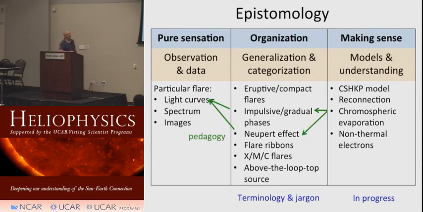It's much easier pedagogically to start with a framework, to start with how you understand something, and work your way to, oh, according to this framework, that's why there's an impulse, if there's chromospheric evaporation, that's why there's an impulsive and a gradual phase. Okay, so I'm just going to motivate the fact that I am going to do something a little different than a lot of people who would give you a lecture on solar flares.